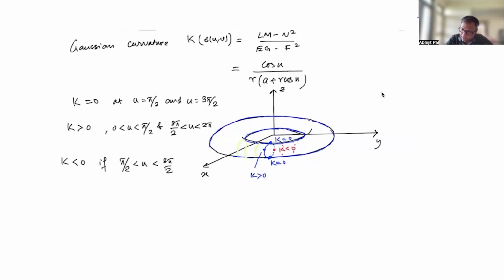Now in this green part the Gaussian curvature is positive, so those points are elliptic points, and in the back half the curvature is negative, so those points are called hyperbolic points. Okay, so we'll stop here.